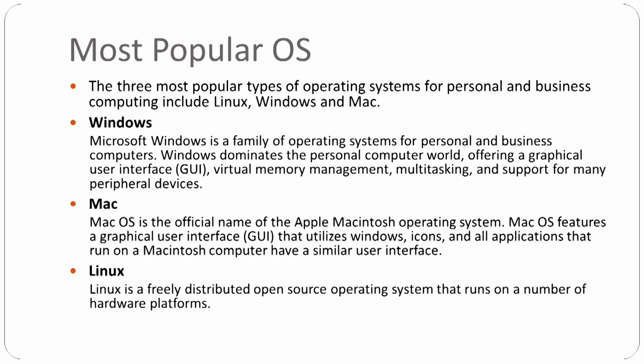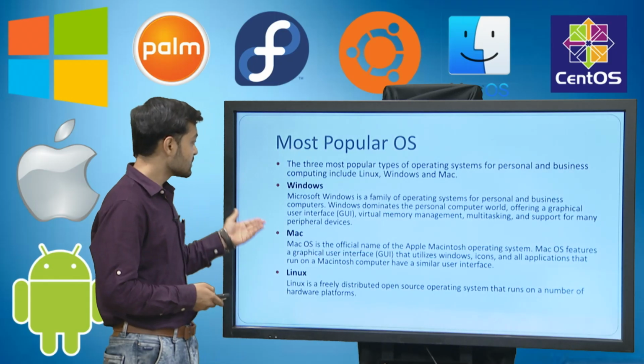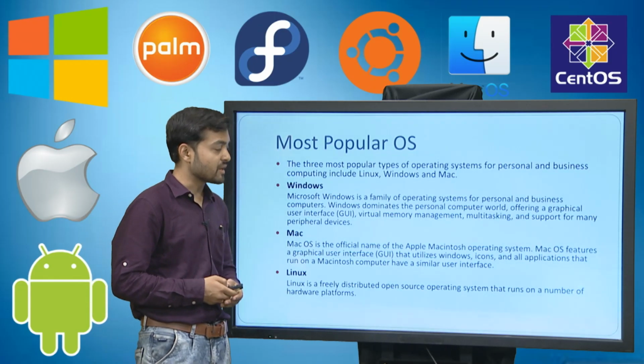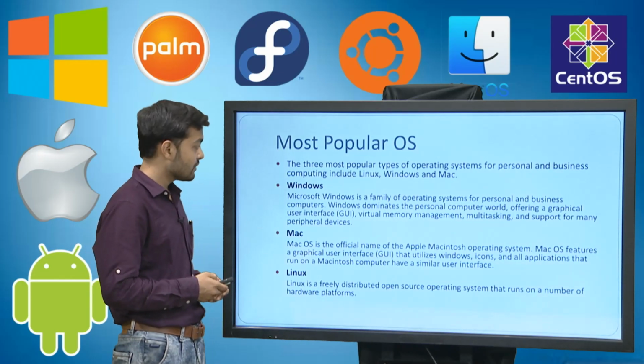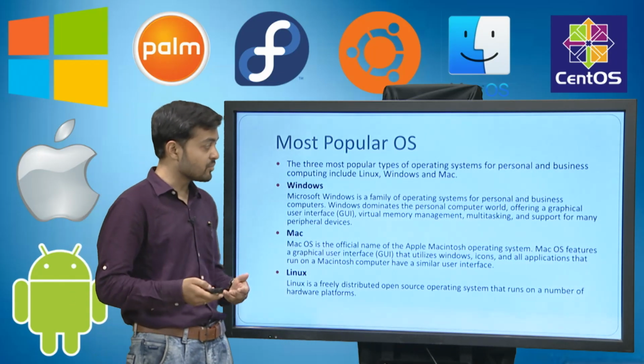This is the list of most popular operating systems in the current world. One is the Windows, second is the Mac OS, and the third one is the Linux. Microsoft Windows is a family of operating systems for personal and business computers. Windows dominates the personal computer world.